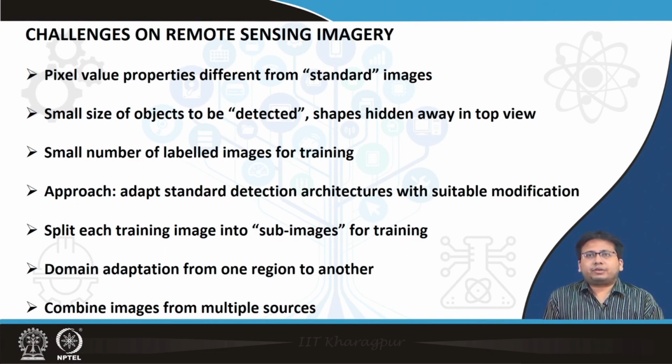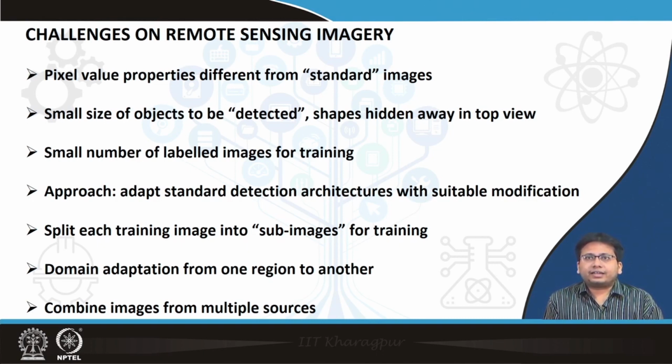We know that in standard images, there is an R channel, G channel, B channel, and each of the pixels has a value between 0 to 255, which somehow indicates how red, how green or how blue they are. If it is a grayscale image, it means how dark or how bright it is, and so on. In this case, these pixel properties may be different, depending on the sensing technology used, the spectrum used and so on.